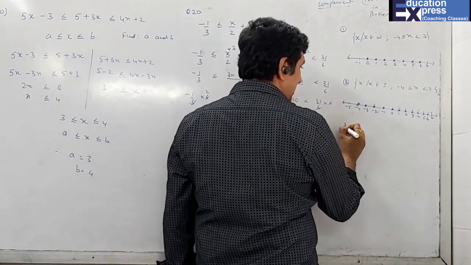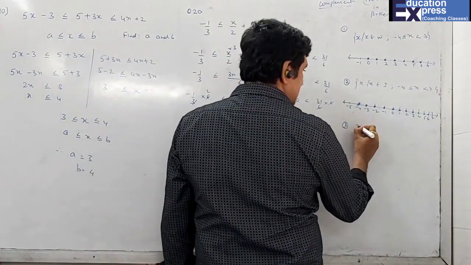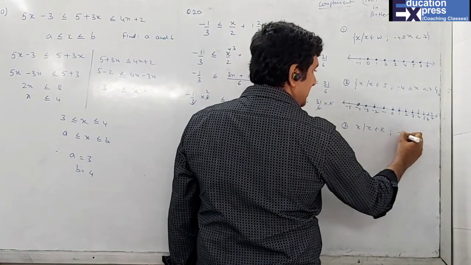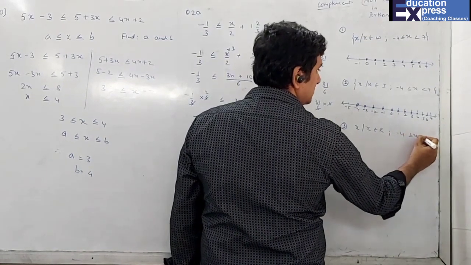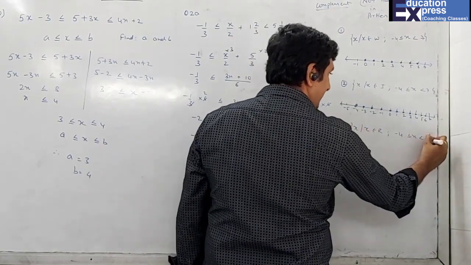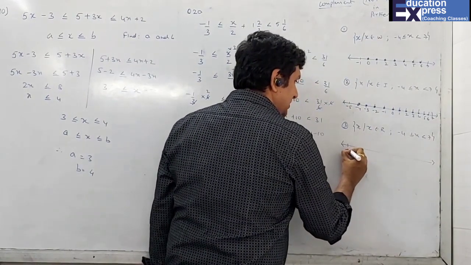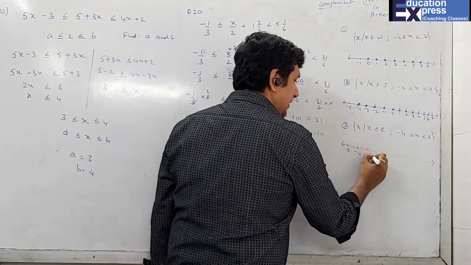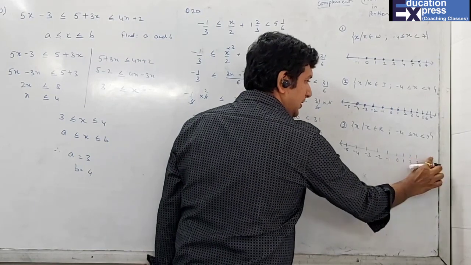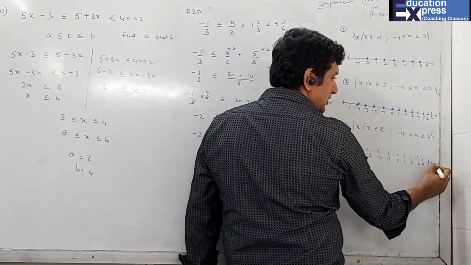And last is real numbers. So x such that x belongs to real numbers, x is more than or equal to minus 4 and less than 7. Again the same thing. Minus 5, minus 4, minus 3, minus 2, minus 1, 1, 2, 3, 4, 5, 6, 7.